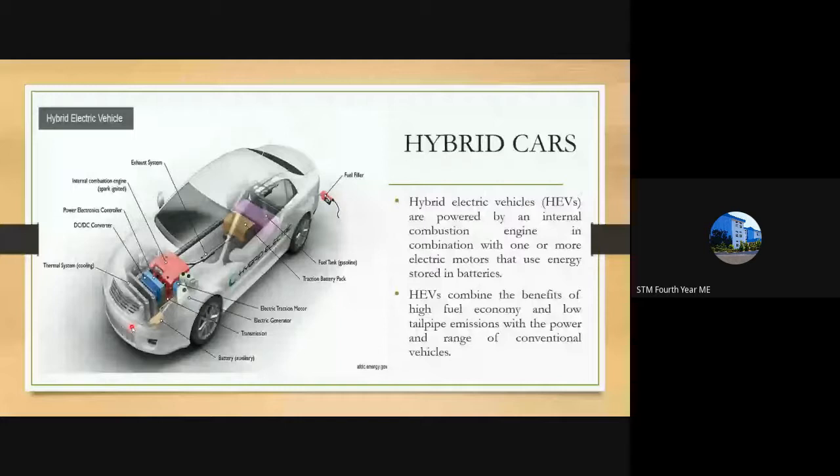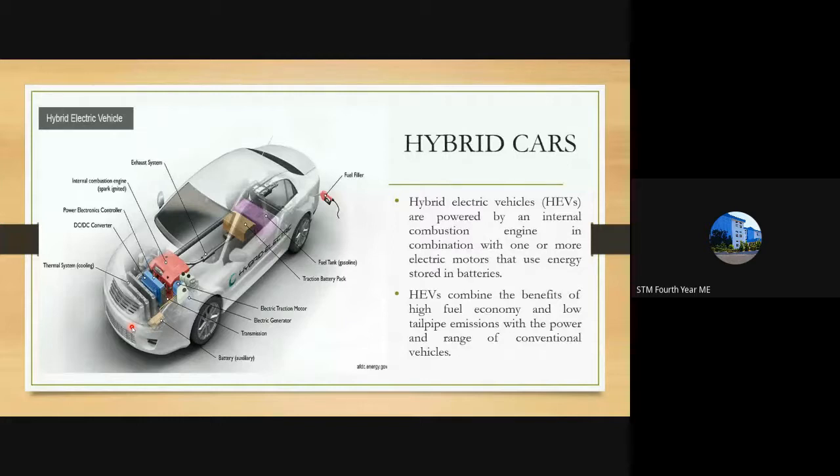So many functions are there for electrical purposes, and this power is drawn from the 12-volt battery.